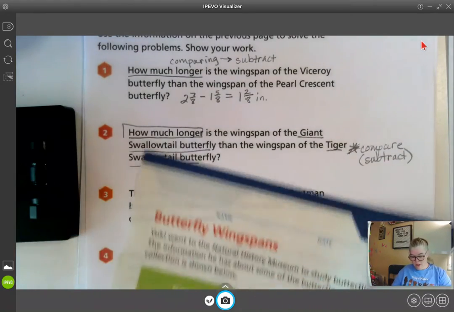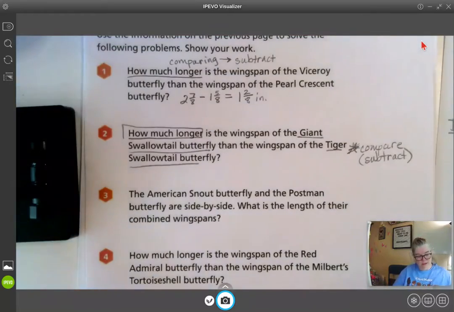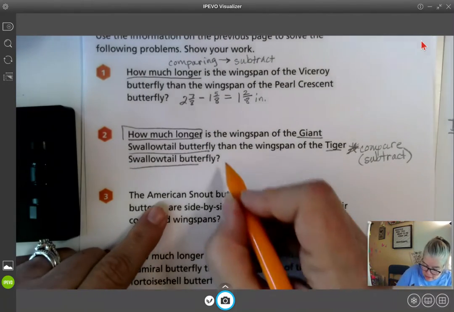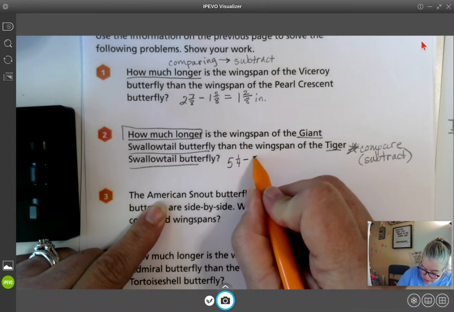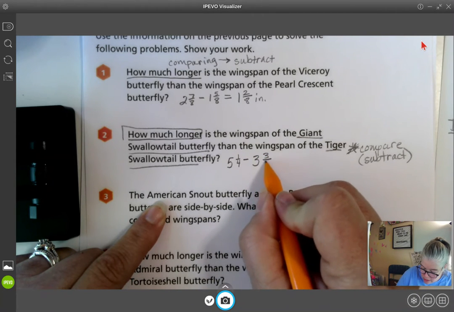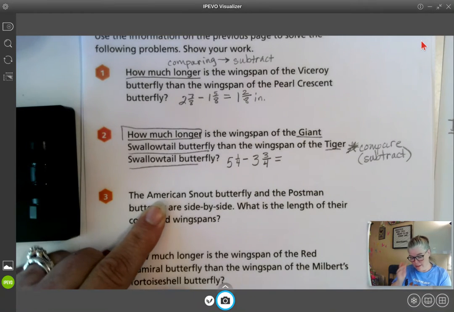Well, I need to look at my chart again. The giant swallowtail is 5 1/4 inches, and the tiger swallowtail is 3 3/4. All right, so 5 1/4 minus 3 3/4. That should give me the difference.